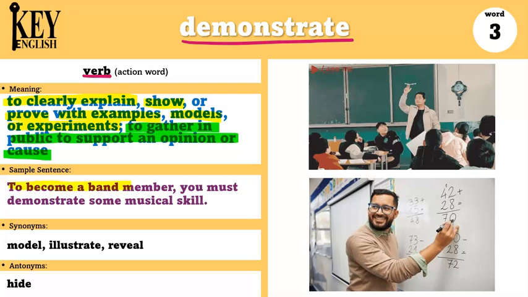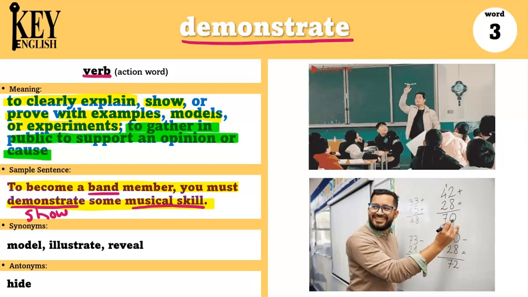To become a band member, you must demonstrate some musical skill. So in this sentence, there's someone who wants to join a band, and to join that band, they have to demonstrate. So they have to show that they have musical skill. Maybe they have to show that they can sing or that they know how to play a guitar.